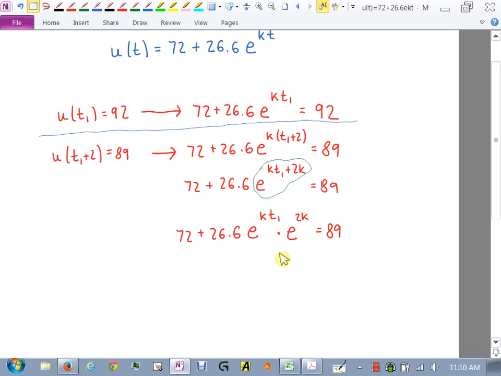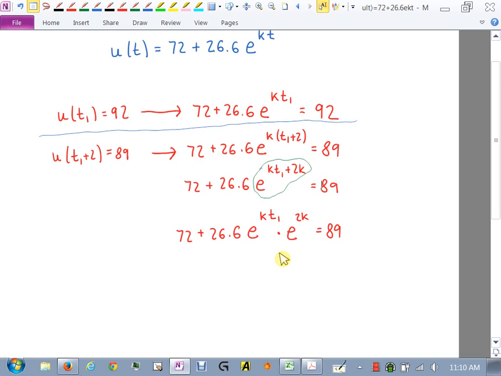Now, what I'm doing here is I'm using a property of exponents that you may or may not recall, so I'll put it over here on this board. We have a property that says if you have x to the n times x to the m, it's x to the n plus m, right? If you have the same bases and different powers and they're being multiplied, you can put it into a single base and you add the exponents.